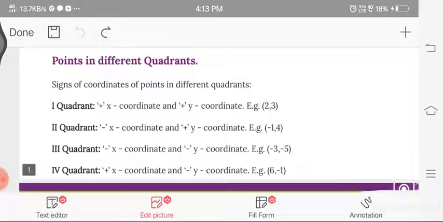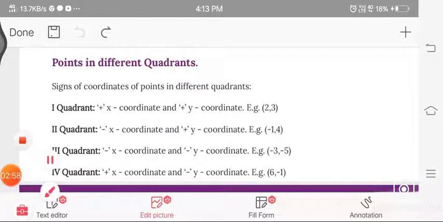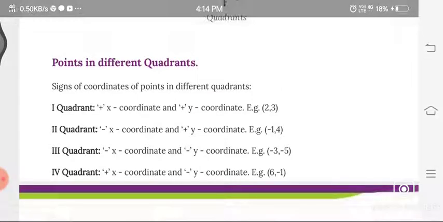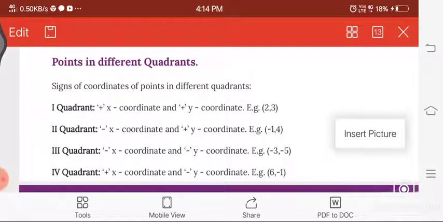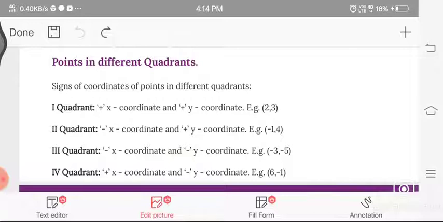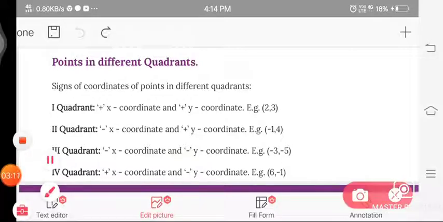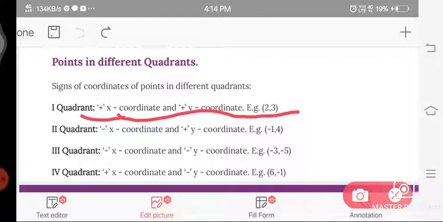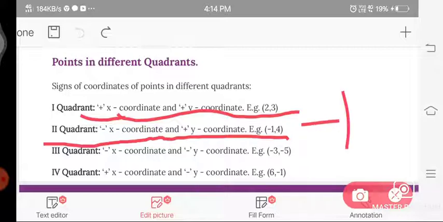Now the signs of points in different quadrants. In the first quadrant, there is a plus sign on the x coordinate and plus on the y coordinate. In the second quadrant, there is minus on the x coordinate and plus on the y coordinate, for example (-1, 4).